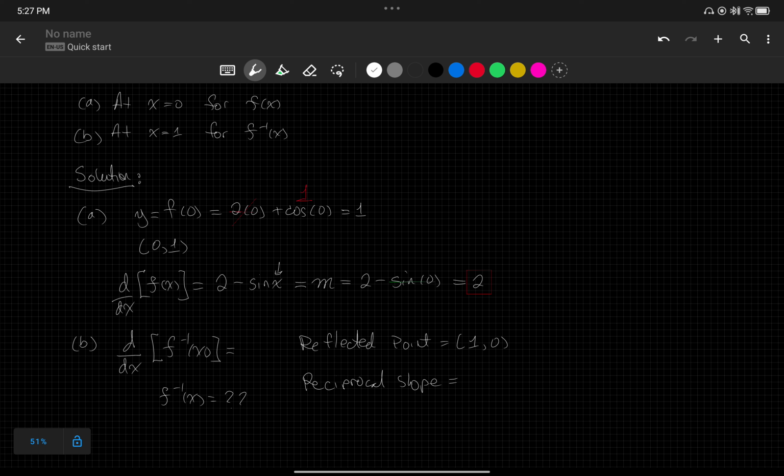In other words, that's the derivative. So the reciprocal is going to be, well, look at there. You had the 2, so it's just 1/2. So we were able to take the derivative indirectly because we knew the relationship that they have reciprocal slopes at reflected points if they're inverses. So there you go.